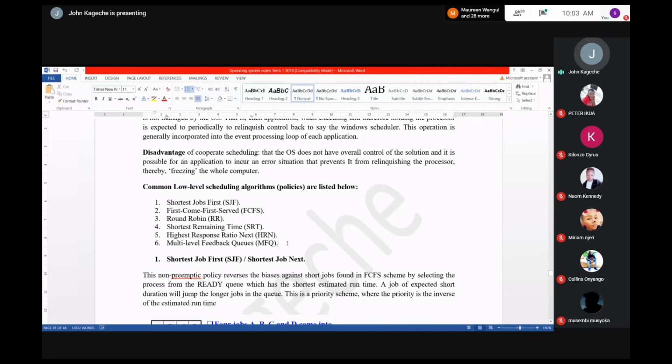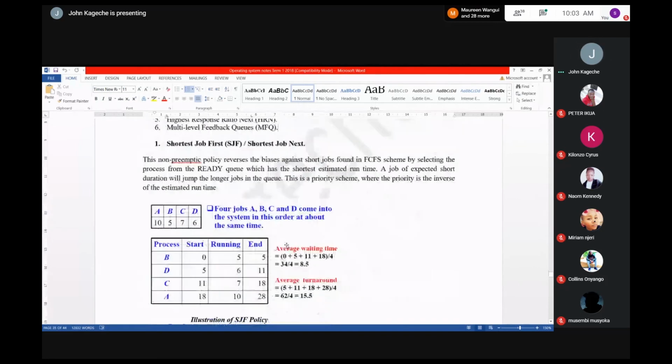We handled all that. We were calculating the average waiting time and the average turnaround time. Now, when you look at, for example, these processes where you're using shortest job first, we'll organize the processes based on the shortest job.